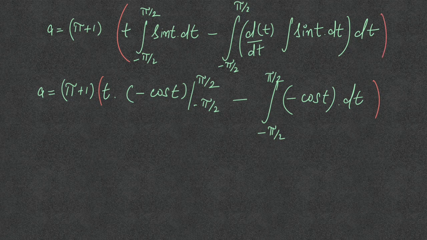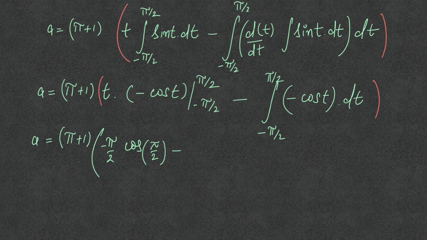Now apply the limits. So a is equal to (pi plus 1) into pi by 2 negative cos of pi by 2, minus, of pi by 2, minus of cos minus pi by 2, minus.